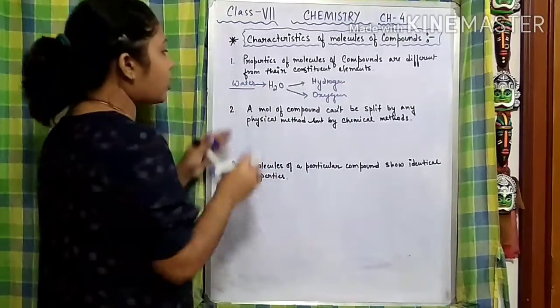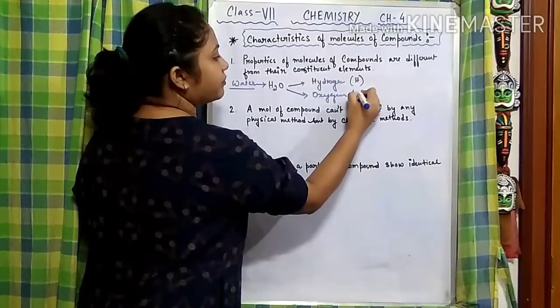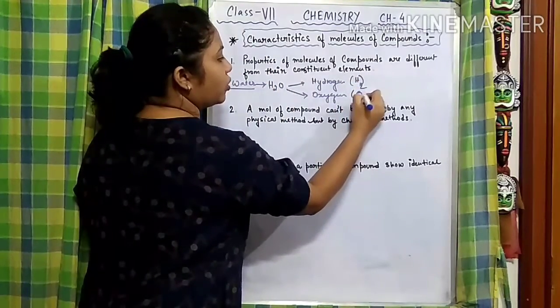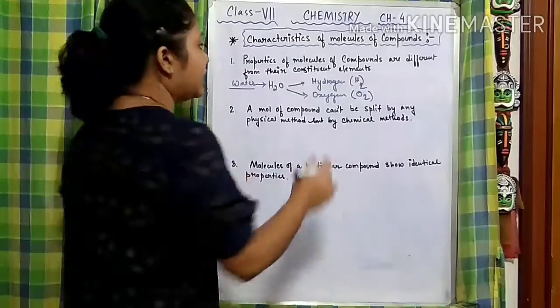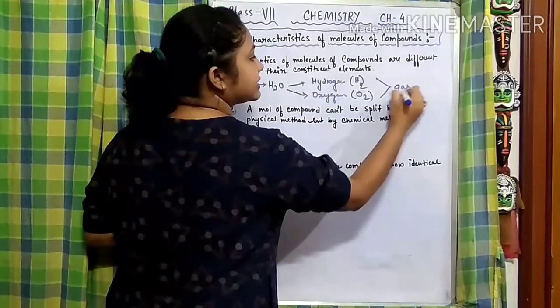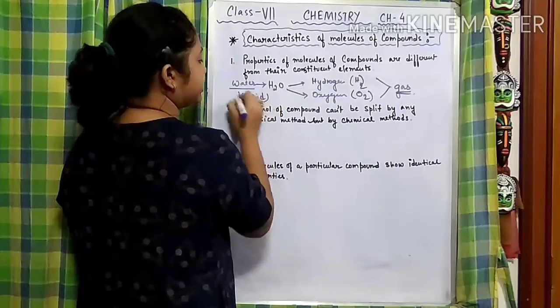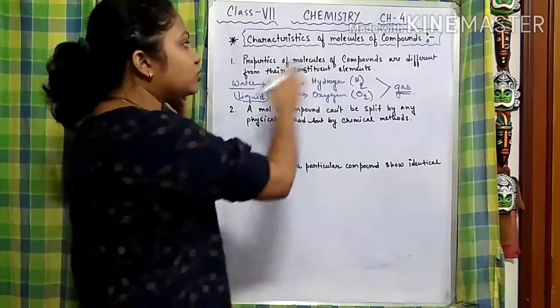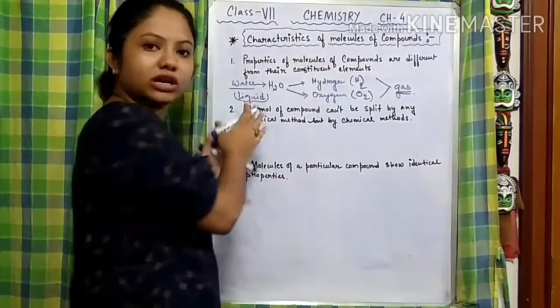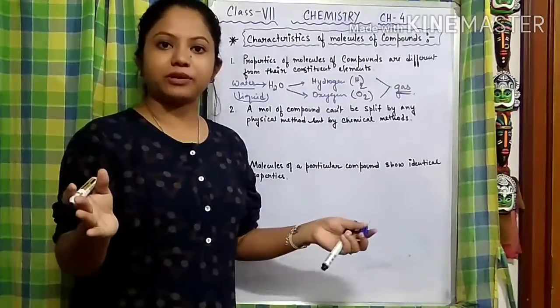So one molecule of H2O is formed from H2 and O2, right? Now hydrogen and oxygen, both we know are gases, while water is a liquid in state. So these two are totally different from water, and they have many other distinct properties.